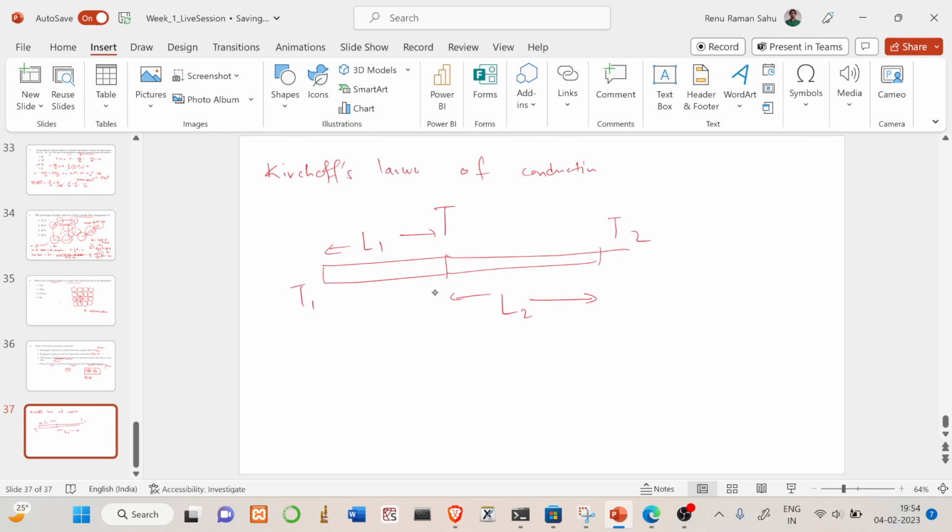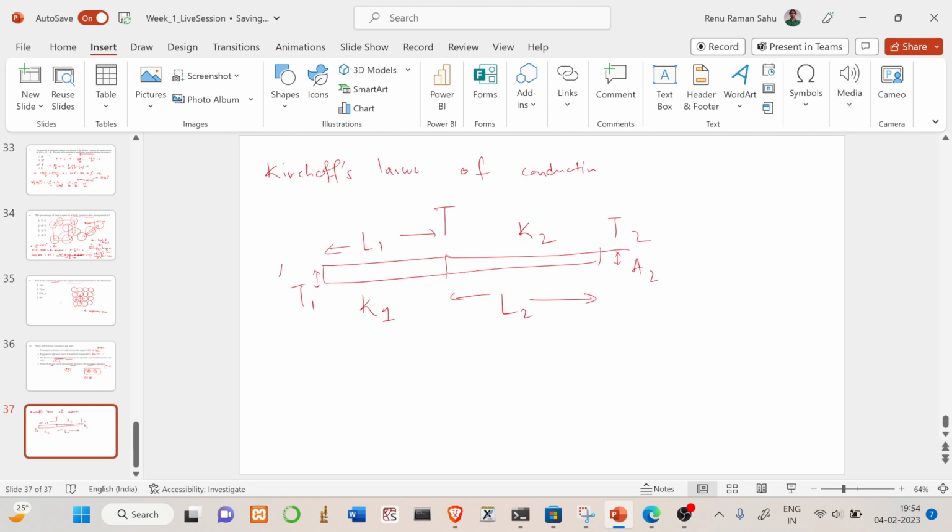You want to find what is the temperature T here. Let's say this is made of a substance with thermal conductivity K1, and the other of a substance with thermal conductivity K2. You can also assume it has a cross section area A1 and A2.